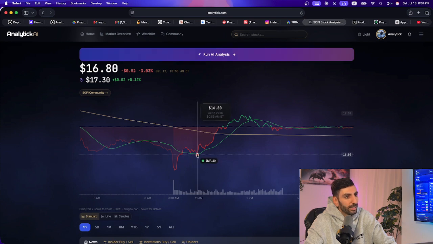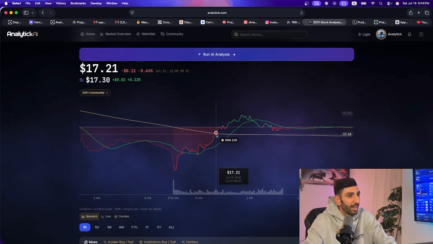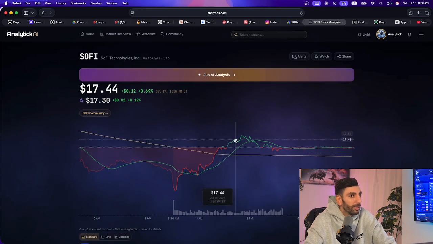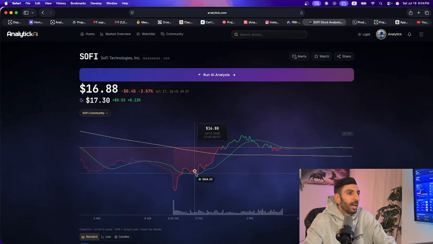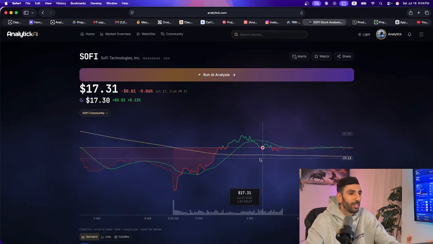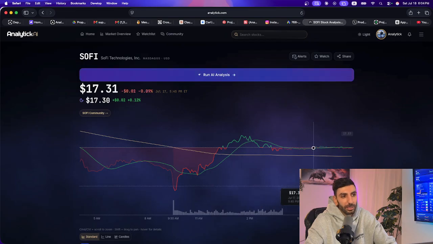You see how we got very nice support with the 20 moving average, and then even had a small hard time passing the 200 average, but the moment it passed it, you can see how comfortably it stays above. I really like the 20 moving average. I'm not really considering the 200 too much. I just take it into consideration, but the 20 moving average is the one that I really respect.